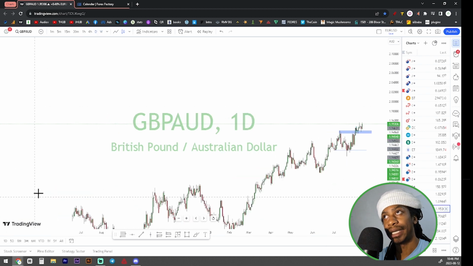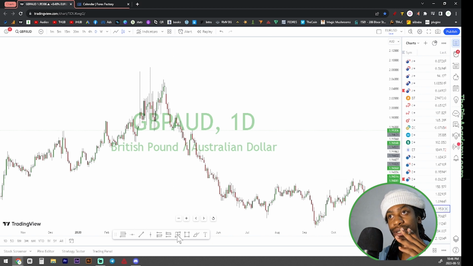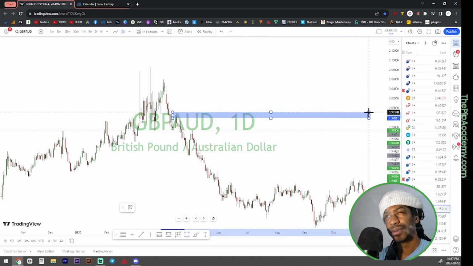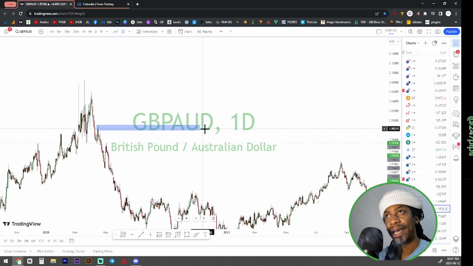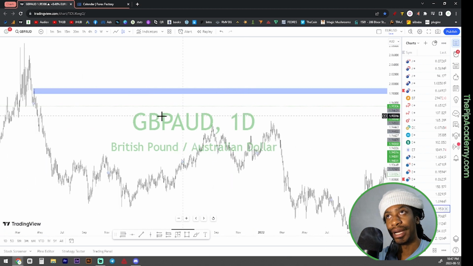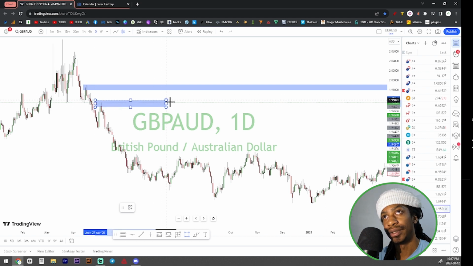I would put it back down to the daily just to see what structure is actually present. So we have something like this where we just have a hiccup in the market. Is that our next zone that we can run into? And then we do have what I would say is a moment that we just broke above right here, right?